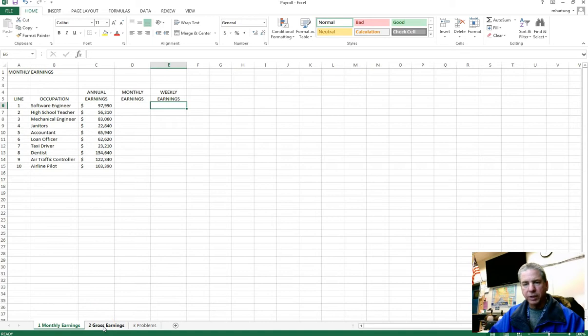I labeled these with page numbers, so 2 is gross earnings, and then 3 is problems. Take a minute to get those 3 blank pages created.